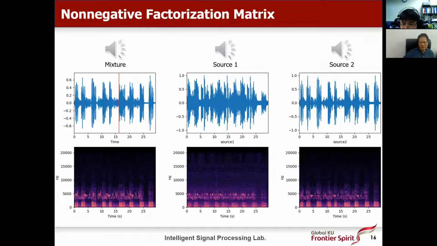If you look, for example, at the bottom, mixture versus that of source 2, it looks pretty much about the same. So then you might want to question, was the NMF effective? Or was there something not properly done?